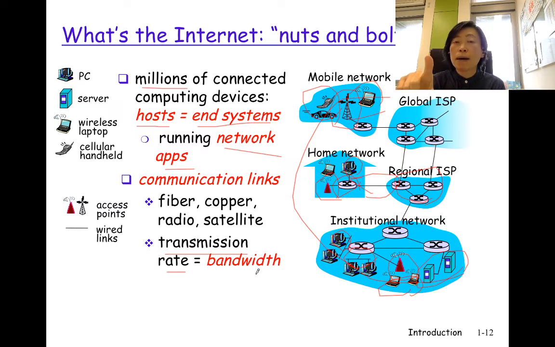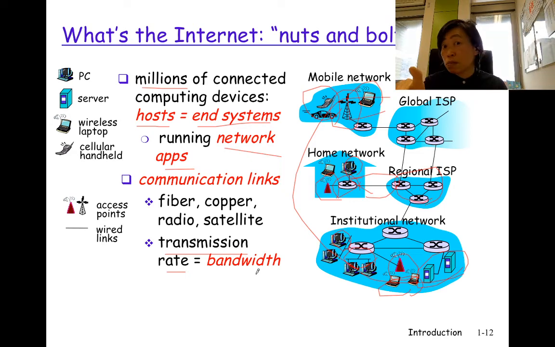When we talk about signal transmission, we also talk about the range of frequency being used to transmit signals, and in that context we call that range the bandwidth. Usually the wider the better, so that you can modulate more signals. But in this course, in computer networks, by bandwidth we actually mean the transmission speed. So the unit is always bits per second, for example.